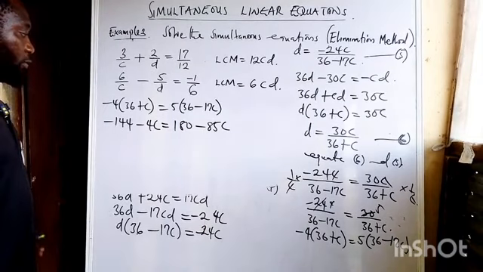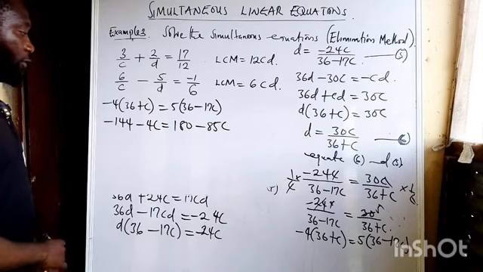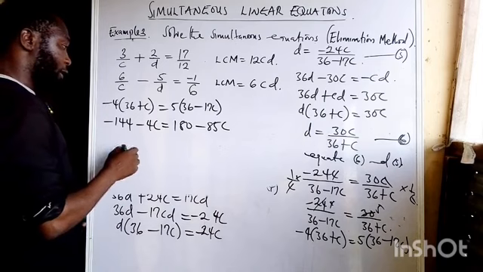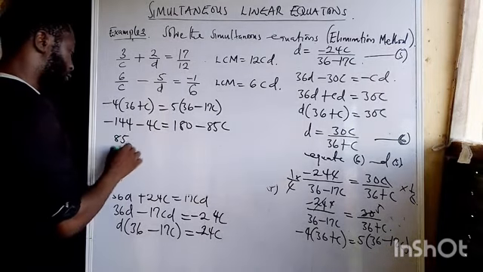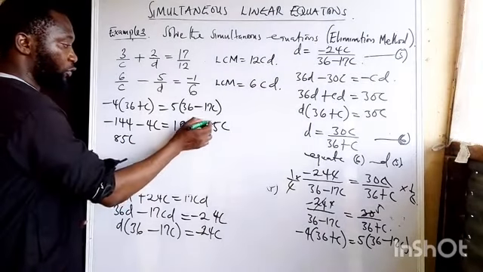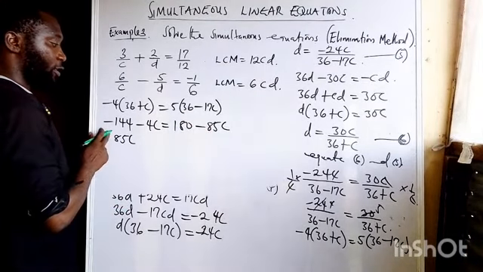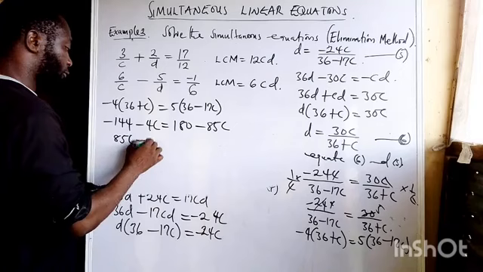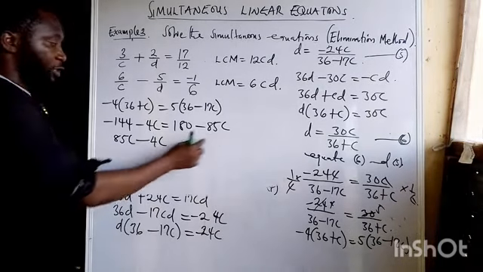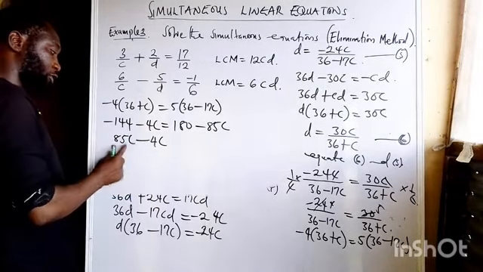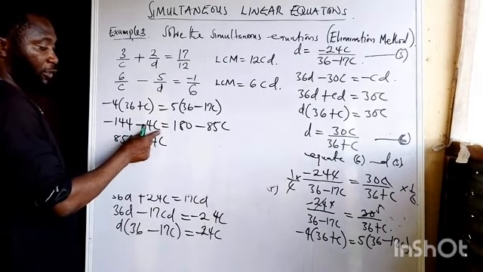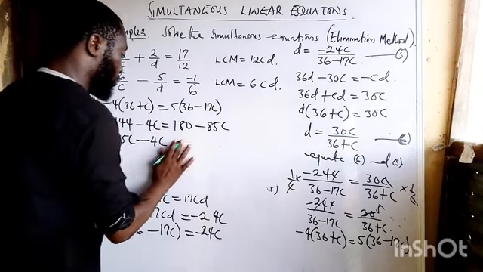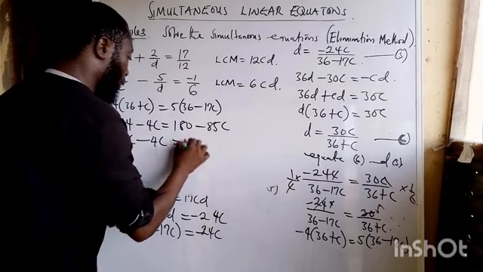Now we can collect the like terms. We have negative 85C, which, once you bring this to the other side, becomes positive. Minus 4C still remains negative because it's still on this side, equals 180.